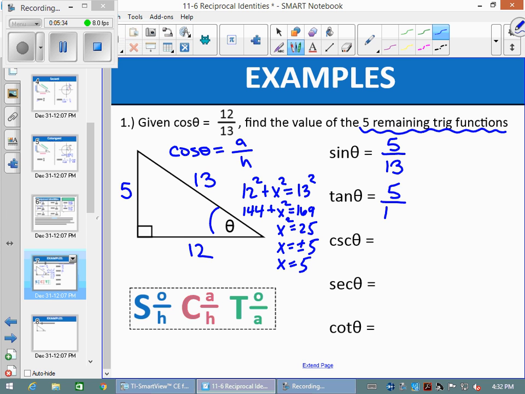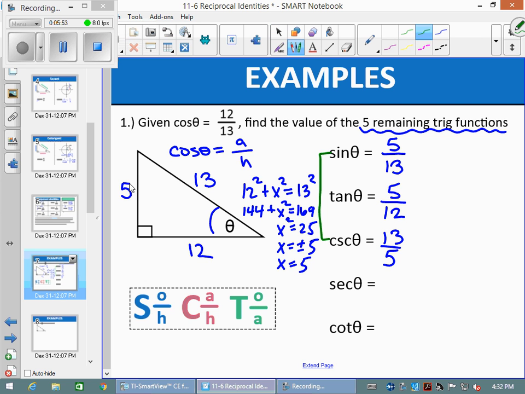I think it's helpful when you're finding the reciprocal functions to think about what their partner was. So cosecant and sine are reciprocals. So when I go to find cosecant, I'm going to look at the sine ratio and flip it. All right, secant and cosine are reciprocals.